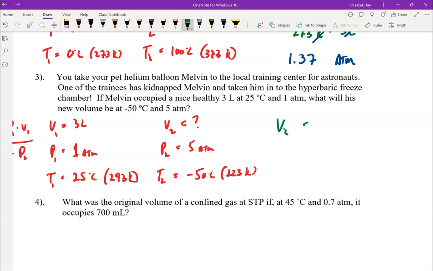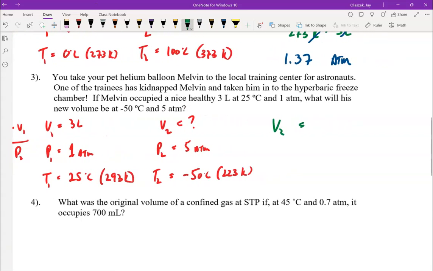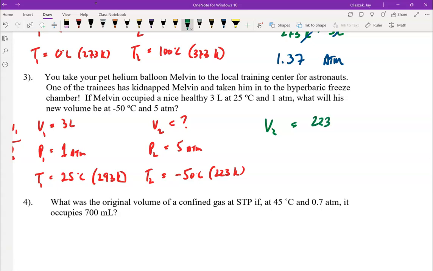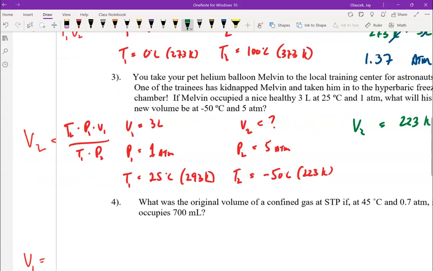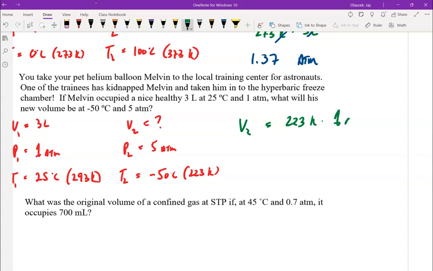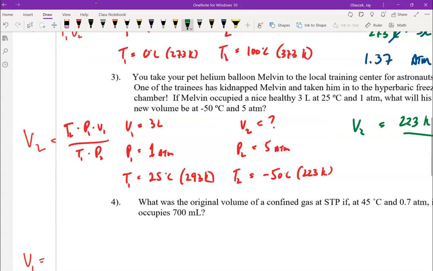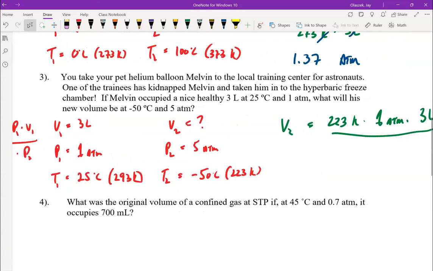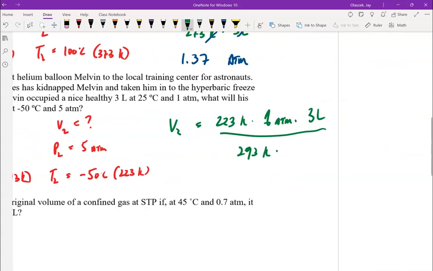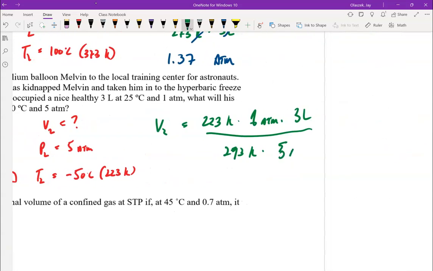We're going to say V2 is equal to T2, which we said is 223 kelvins, times P1, which we said is 1 atmosphere, times V1, which is 3 liters. On the bottom is T1, that's 293 kelvins, and P2, which is 5 atmospheres. Let's verify that this works. Atmospheres cancels atmospheres. Kelvins cancels kelvins, leaves our answer in liters, which is volume.